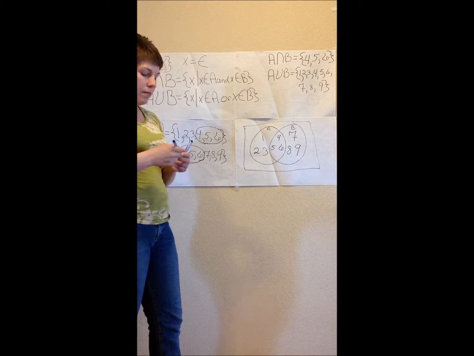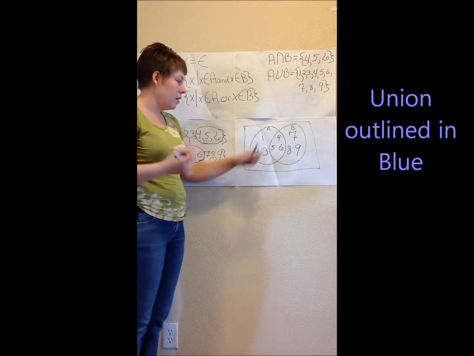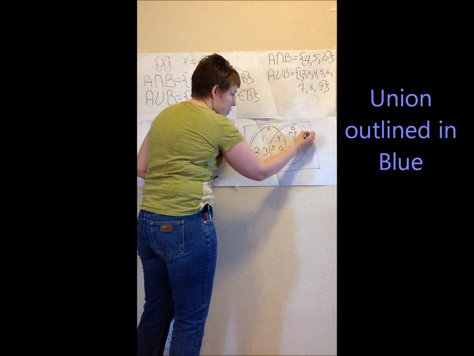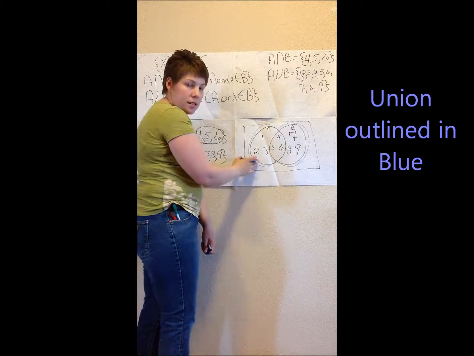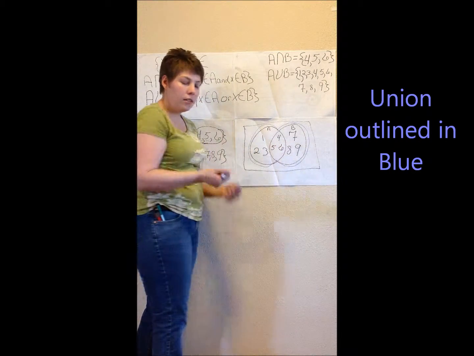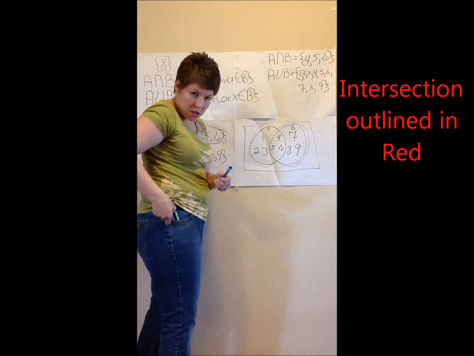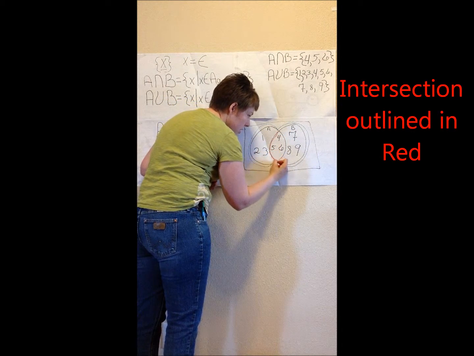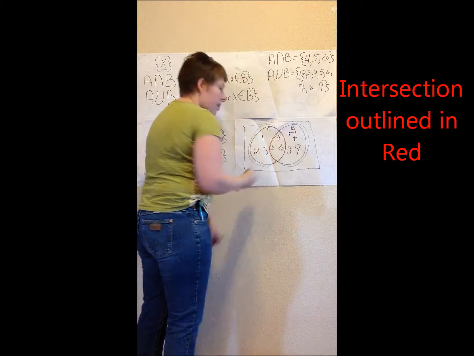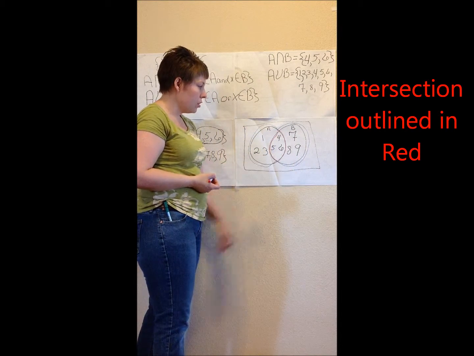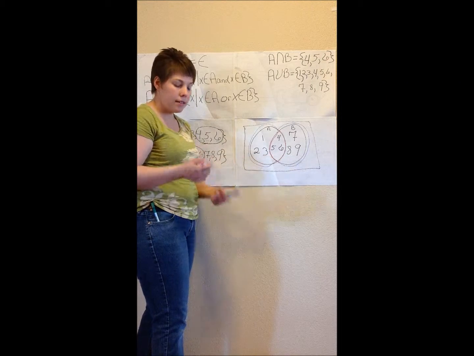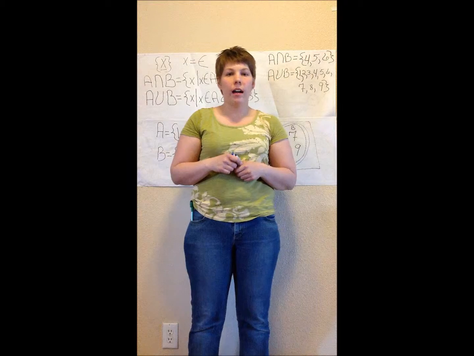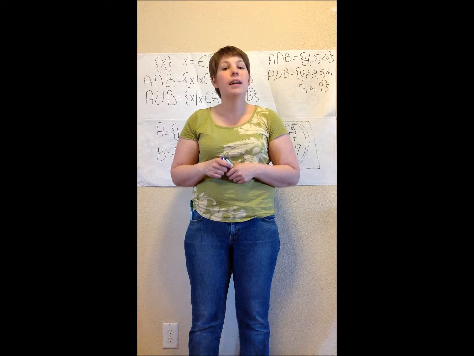To find the union of A and B, we look at everything that is contained in both circles, which is, in fact, all of our elements. To find the intersection in sets A and B, we look at the section that is overlapped by the two circles, 4, 5, and 6 being the answer. So in short, that is how to find the intersection and union in set theory.